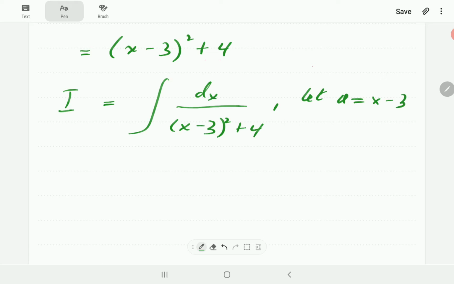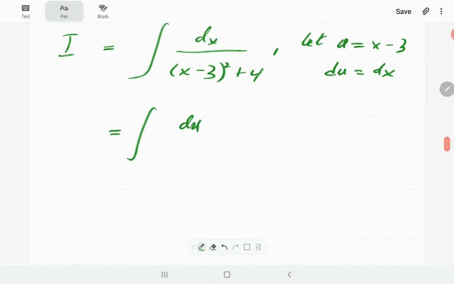So here x minus 3 we're going to make u, so du is dx, and this is now written entirely in terms of u: du in the numerator, and u squared plus 4 in the denominator.